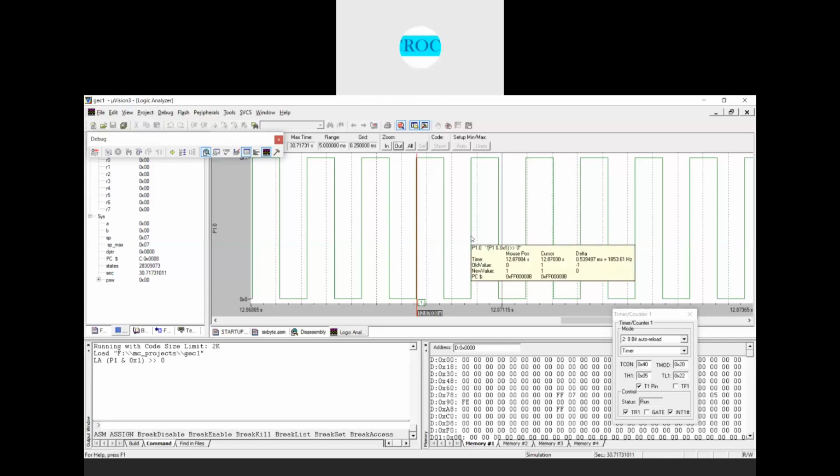We have something like 539 microseconds, and 1.85 kilohertz. That is the frequency we calculated, right? That is what we got there. Now you can see from this one.